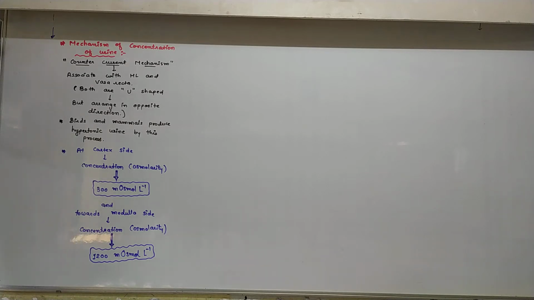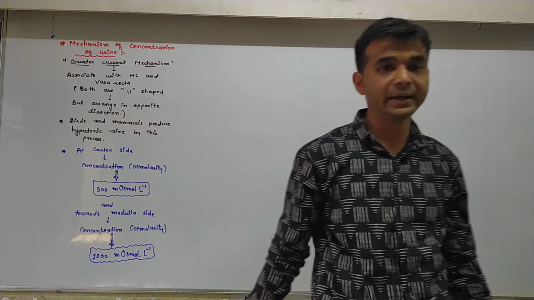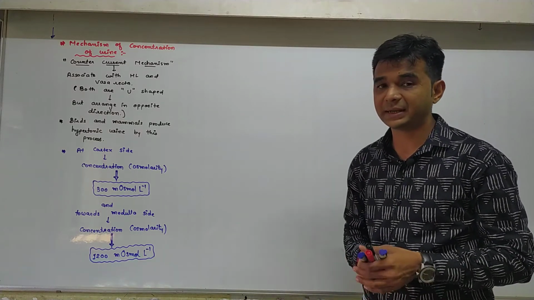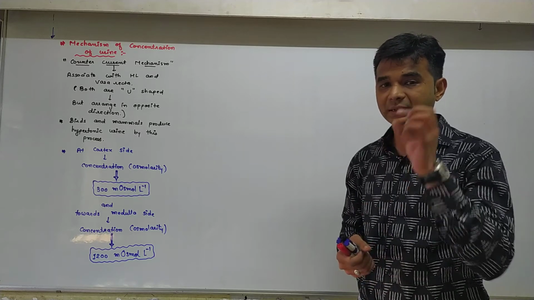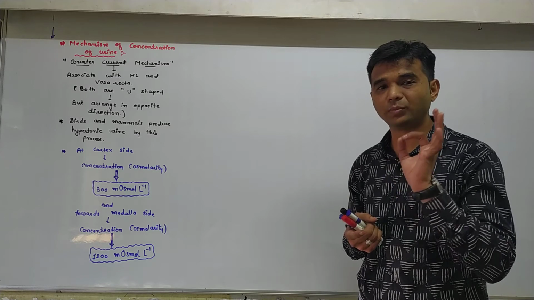Okay, now this is the main important point. At the cortex site, the concentration or osmolarity of the filtrate or urine is 300 milliosmol per liter. Dear students, please listen carefully.